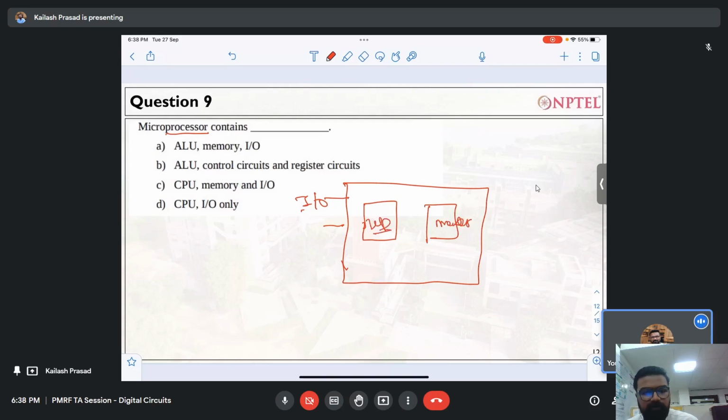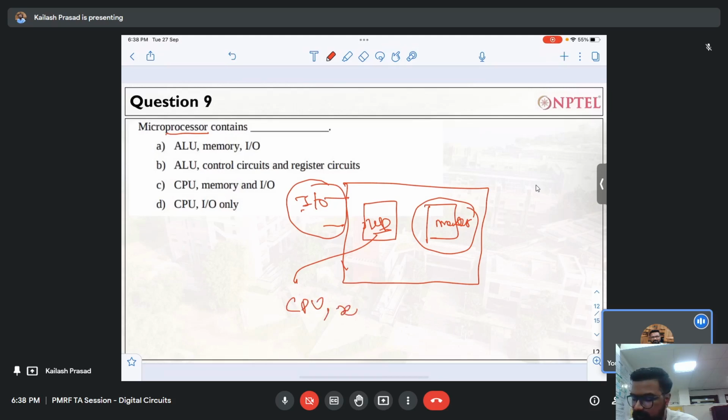Please note, I/O is not a part of microprocessor. Again, memory is also not a part of microprocessor. Microprocessor only contains the CPU, the control circuit, and the register circuit. Okay, so the answer is actually B.